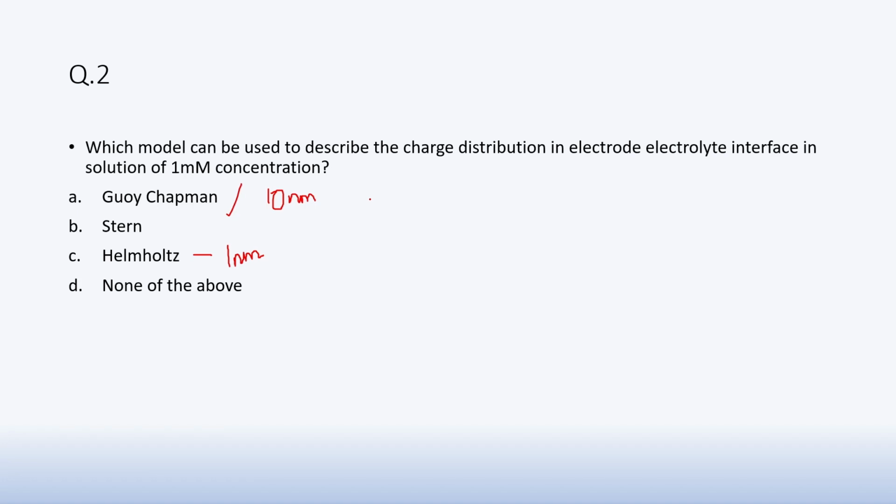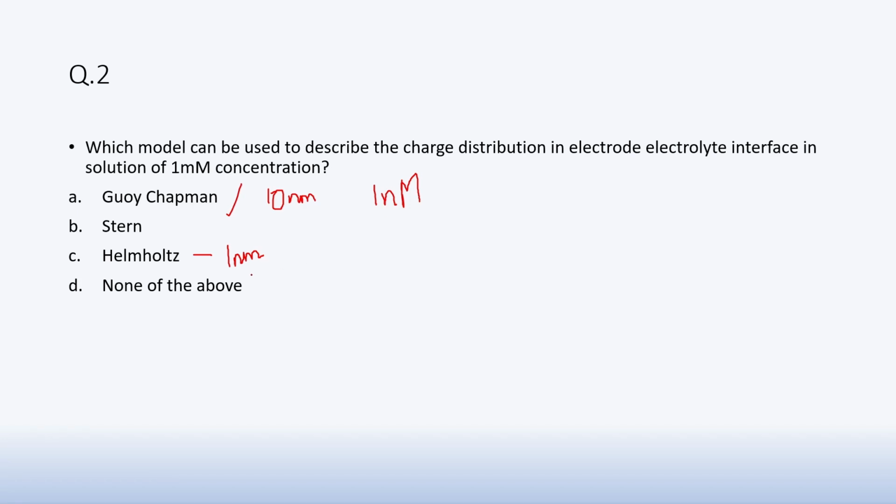So when the ionic concentration is very small, it is not easy for the ions to come from the solution and form a double layer. If the concentration is as small as 1 millimolar, we can go for Gouy-Chapman, which says there is a larger electrode-electrolyte interface, as large as 10 nanometers, for the charge distribution to happen.